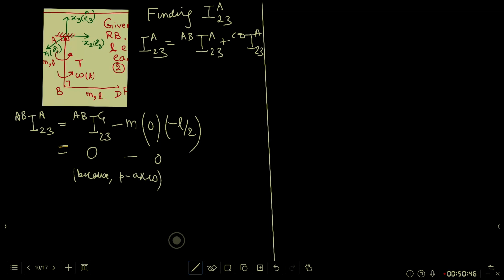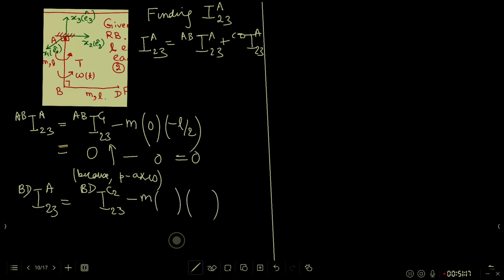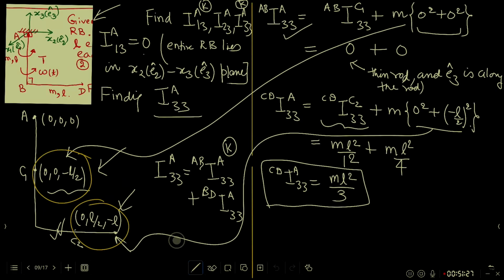Let's have a look at the same component of the inertia matrix about CD, going to be written as IC2 23 minus m times two things multiplied, and those two things according to me are L by 2 and minus L. These two coordinates are being used, L by 2 and minus L. Okay, whereas this is again 0 because of the p-axis involvement, and this becomes plus ml square by 2.